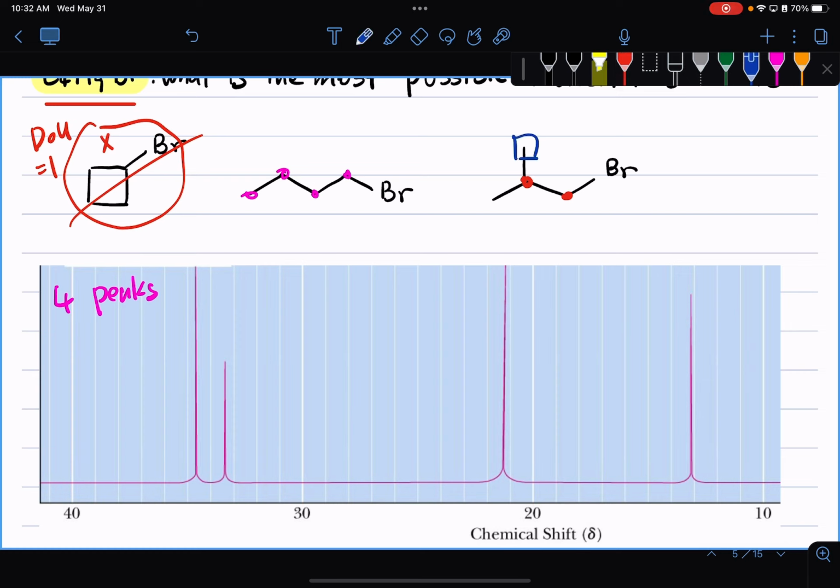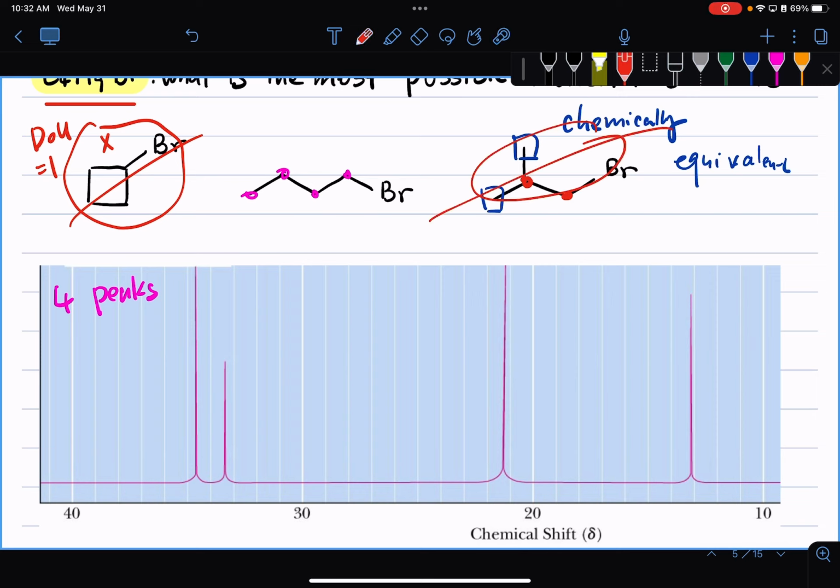But these two terminal carbons are chemically equivalent, because they only bind through a single bond, which constantly undergoes free rotation. So these two carbon atoms are chemically equivalent. For this molecule, we're expecting a total of 3 signals in its carbon NMR. So that's why that one is not correct.